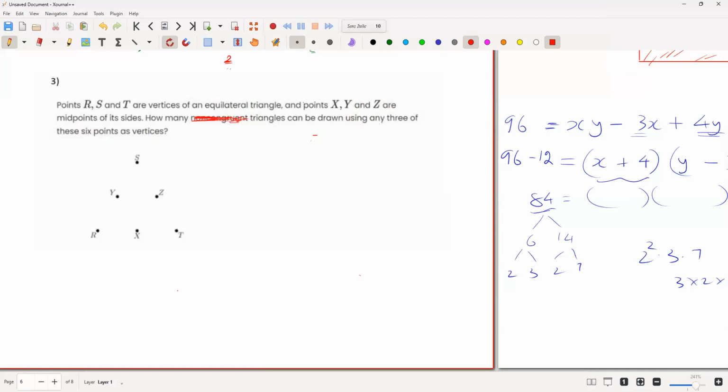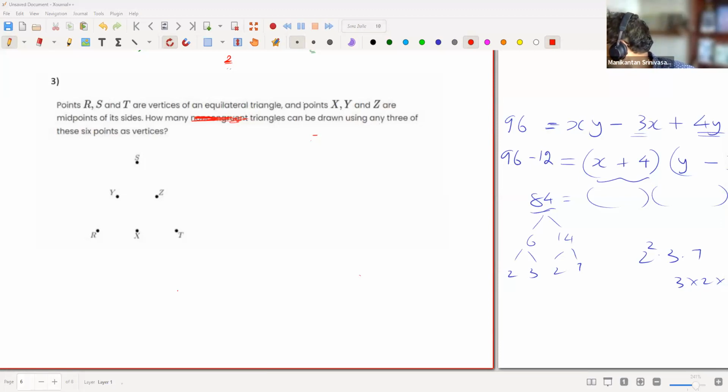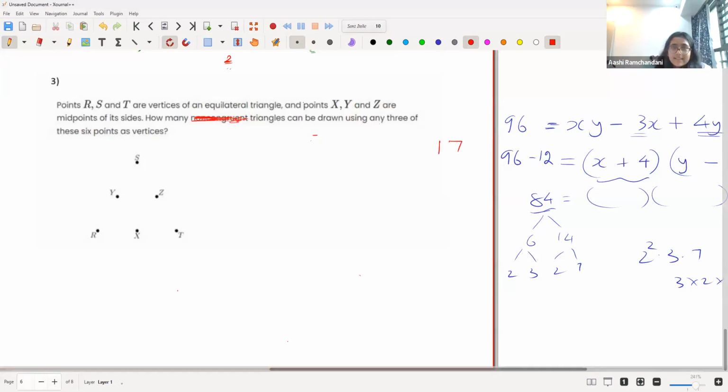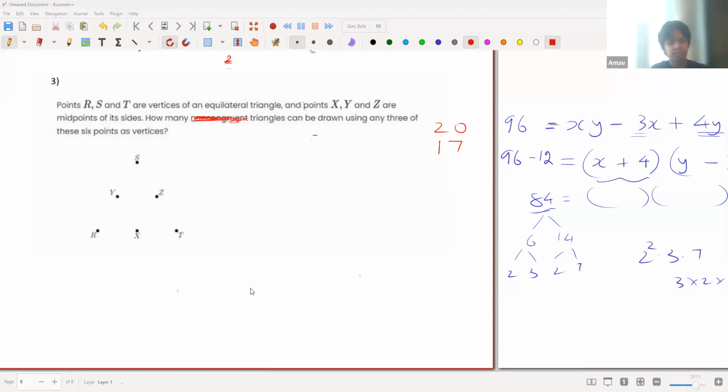Please don't call out your answers. Just 1 second. Okay, find the number of triangles. Someone said 20. Okay, all right. So it's 20.